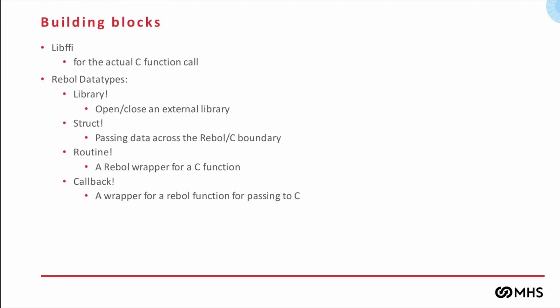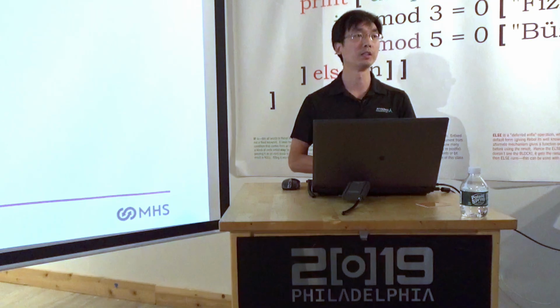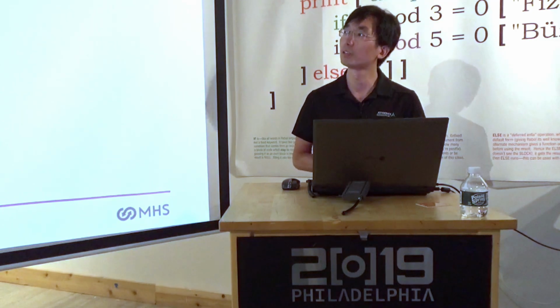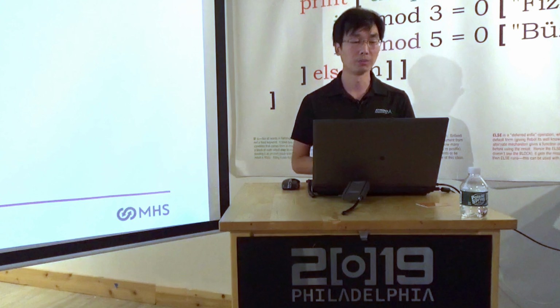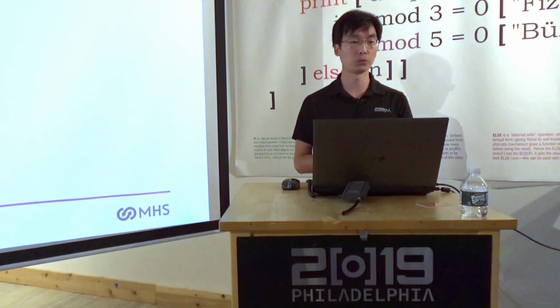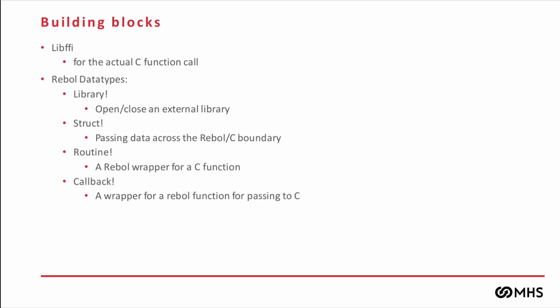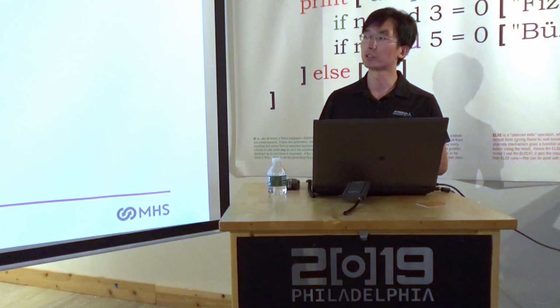So here are the building blocks for this interface. First, of course, libffi, which is a very popular and mature library to support runtime C function calls. There's some assembly language there, I think, to do this work. In the Rebol world, we need these 4 data types for this feature.